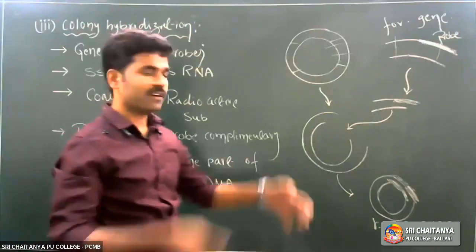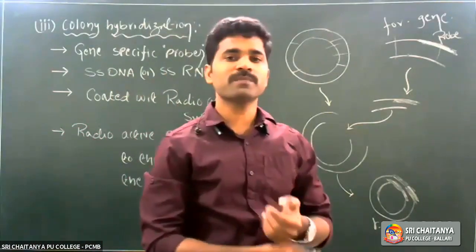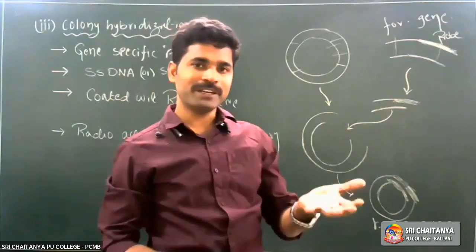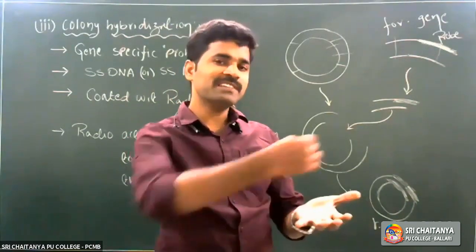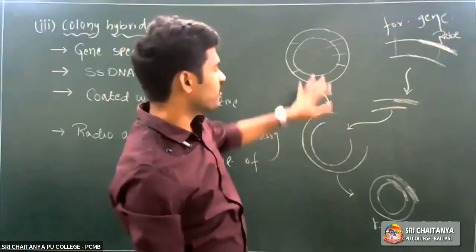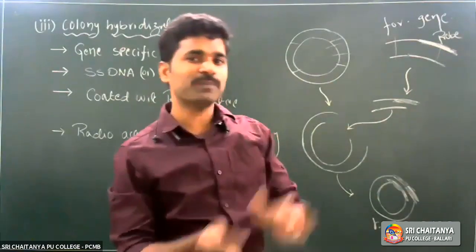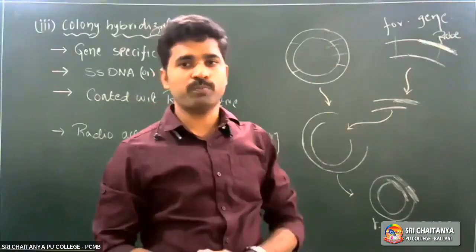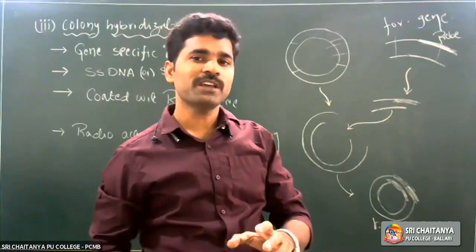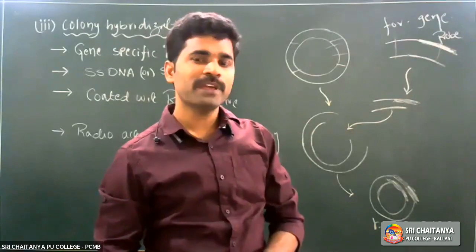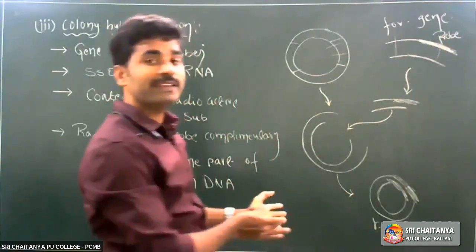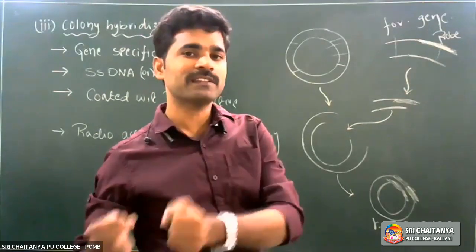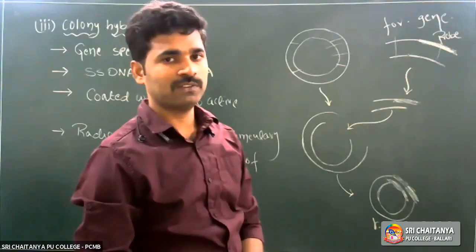We insert that rDNA molecule into the host cell, and when we culture the bacterial cells on nutrient medium in Petri plates, we can easily differentiate rDNA containing bacterial cells from normal cells, based on the radioactivity of the probe.